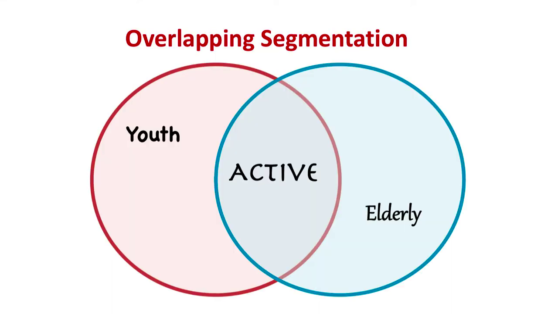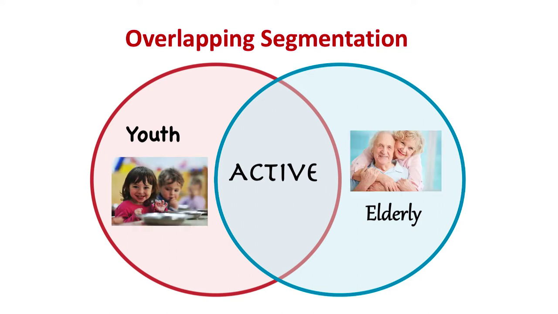Overlapping segmentation suggests that multiple segmentation efforts might be used for different targeting strategies or tactics at the same time. For example, we may create a series of fitness programs via age segmentation: youth, adult, elderly. We may also create a series of promotional messages based on some type of lifestyle segmentation, such as active, sedentary, or workplace.